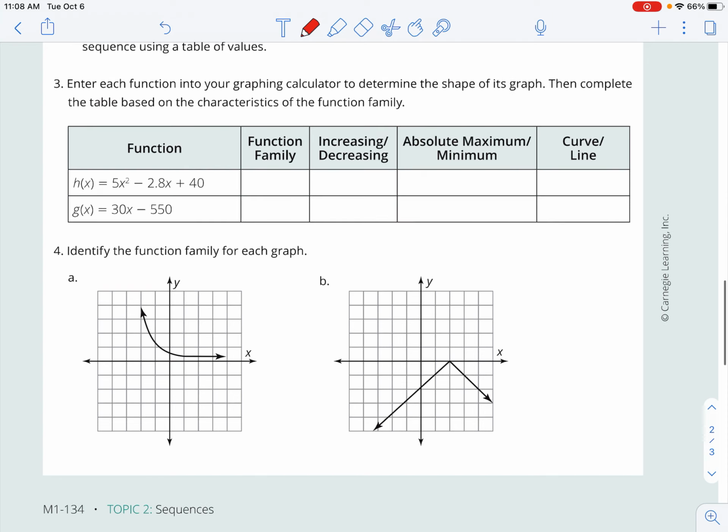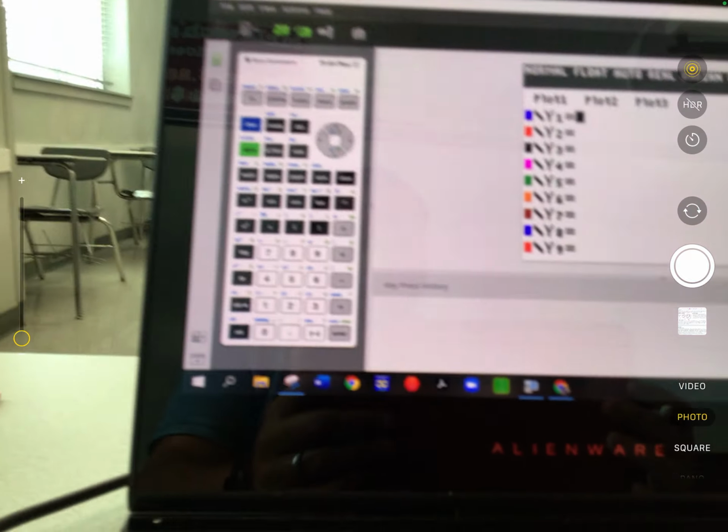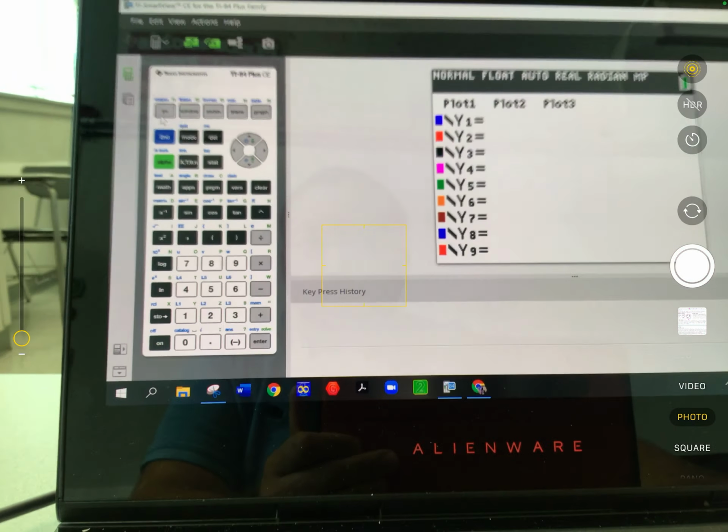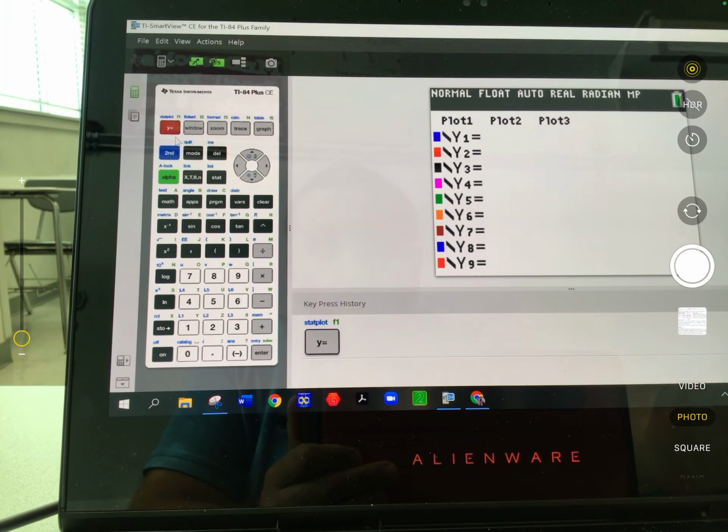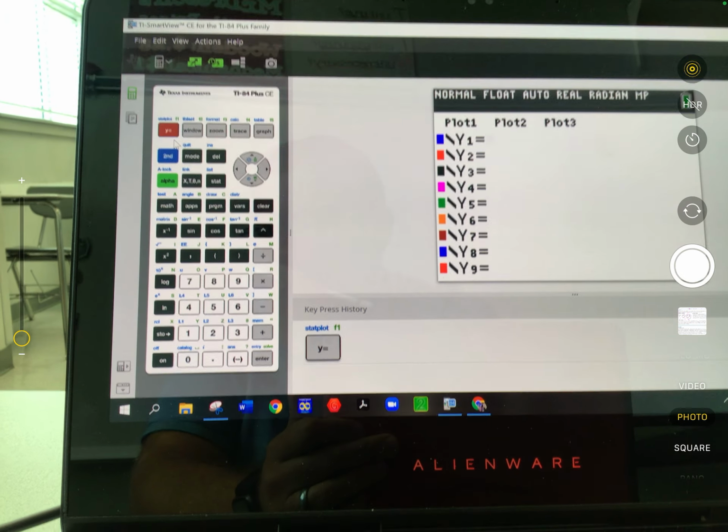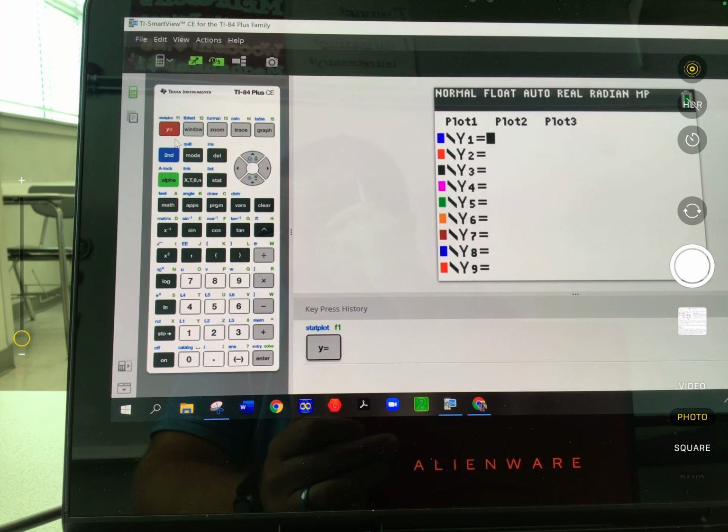We want to do review 3. Using your graphing calculator, we want to determine what is going on with each of these 2 functions. I'm going to bring on my graphing calculator, as you should bring on your Chromebook. First, the function family is quadratic, as it has an x squared.